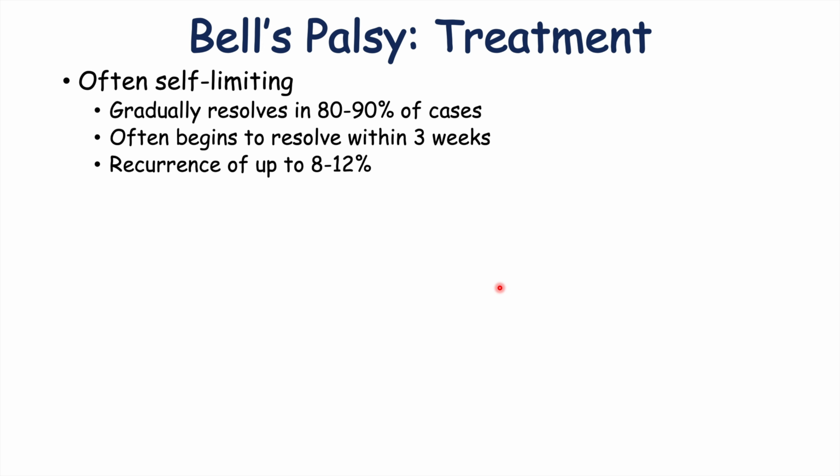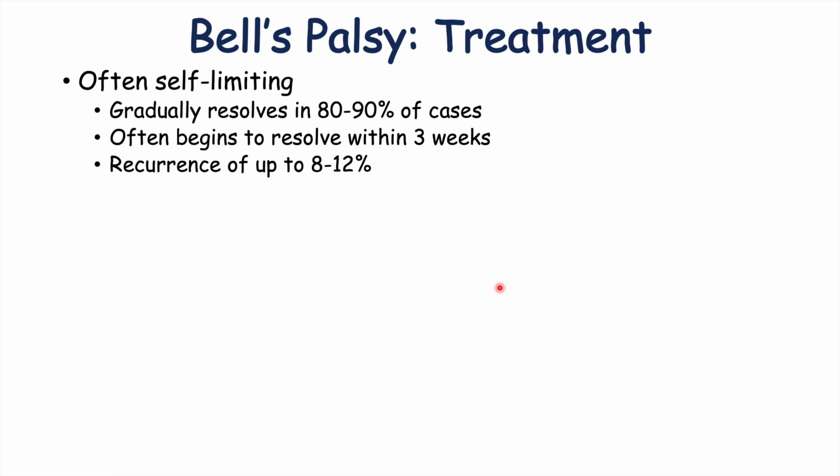And with regards to who will be more likely to have a complete resolution of Bell's palsy in comparison to those who won't, it has to do with those risk factors we talked about before. If patients have diabetes or are obese or have hypertension, they're more likely to have long-term issues. They're more likely to not have a complete resolution of symptoms, whereas patients that don't have those risk factors are more likely to have complete resolution.